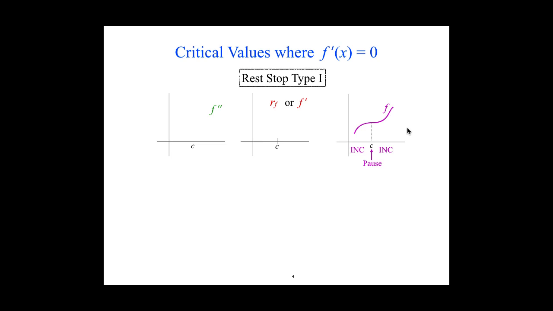But if you're just looking at patterns of values, and you saw a function that's increasing, hits a derivative of 0, and then increases again, or if I had information about the derivative, it would be this sort of information: the derivative is 0 at this critical value, but it's positive on both sides of it, meaning my original function didn't change direction. It was actually just a pause or a flat spot in the graph.